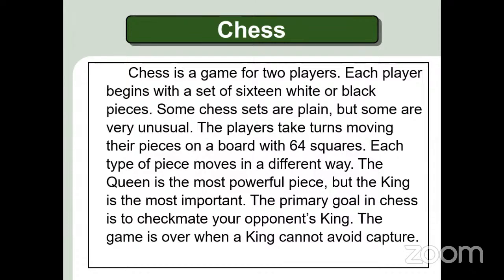Each type of piece moves in a different way. The queen is the most powerful piece, but the king is the most important. The primary goal in chess is to checkmate your opponent's king. The game is over when a king cannot avoid capture.